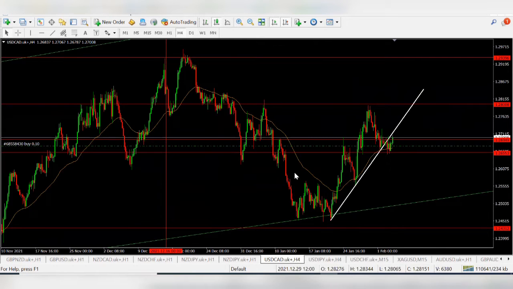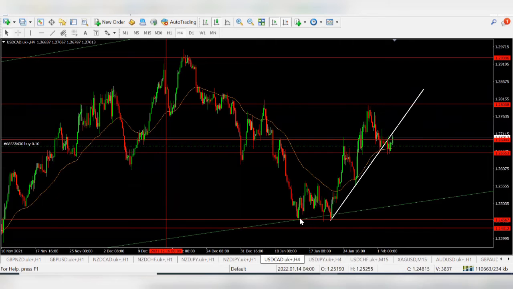The market was on a downtrend up until this point here. Well, it reversed with a triple bottom, 1, 2, 3, and then pushed up, and now it's pushing up.